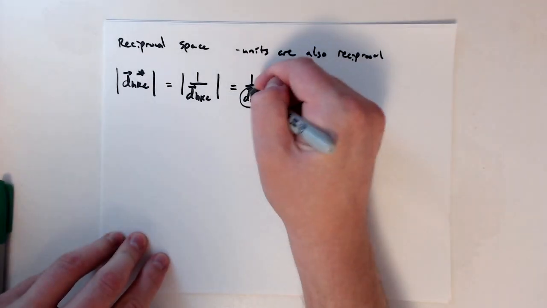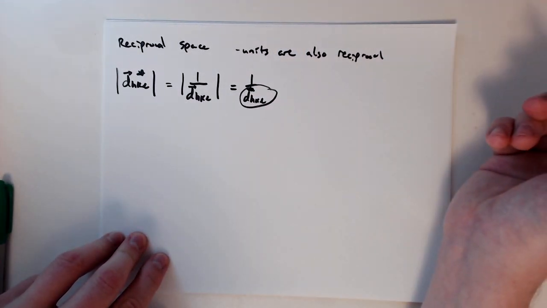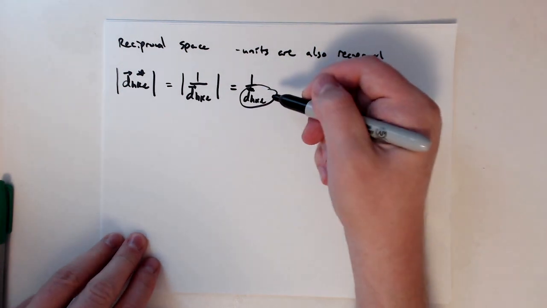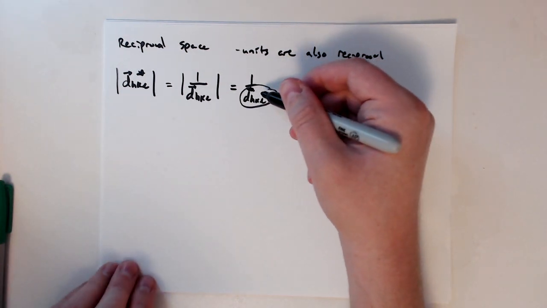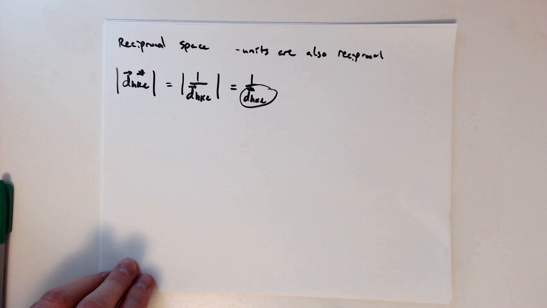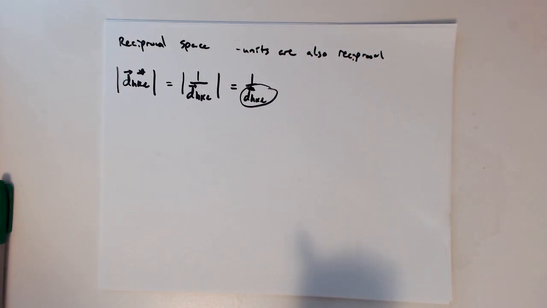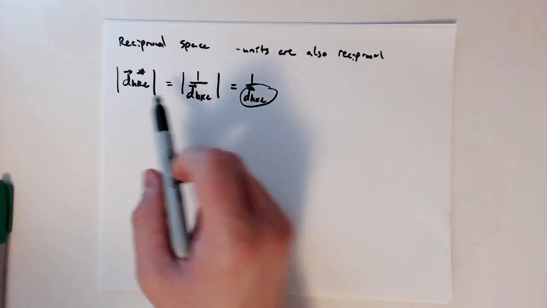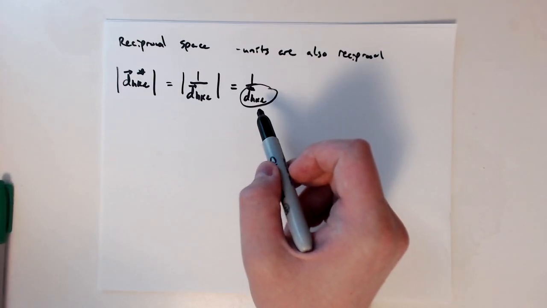Oh, and I apologize, this shouldn't have the star there. There shouldn't be a vector. This is just the absolute value. So this is just the length d_hkl, not the vector. So that's just another thing to keep in mind about the relationship between d star and the length d_hkl.